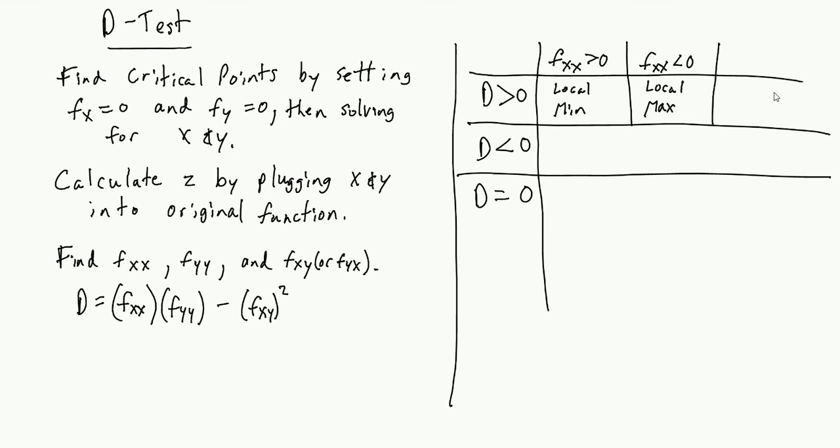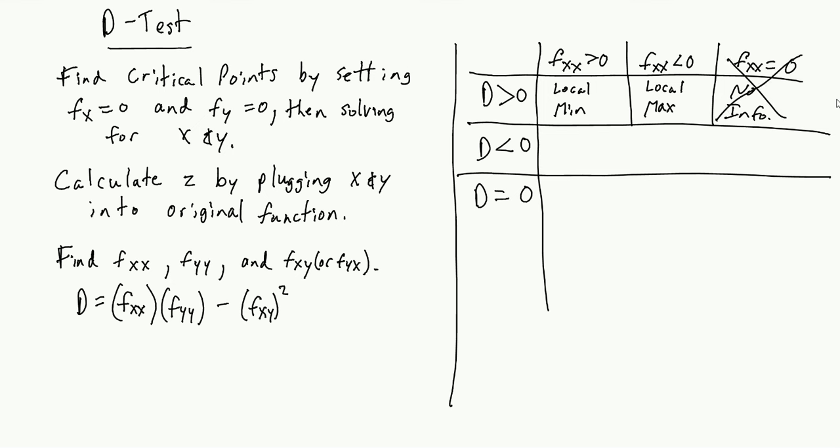In the rare instance it would equal 0, which none of the questions you're going to get, this won't happen, we wouldn't be able to tell. There's some other methods to find local extrema in multivariable functions. Unfortunately, we don't get to them in business cal. So technically you're going to have that, but again, you're never going to see that possibility.